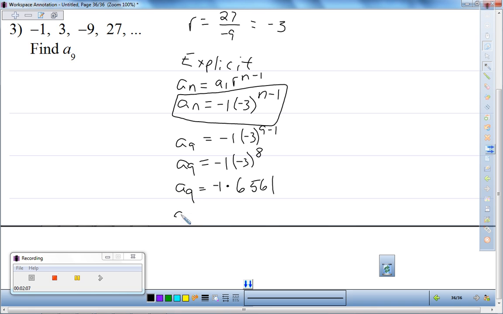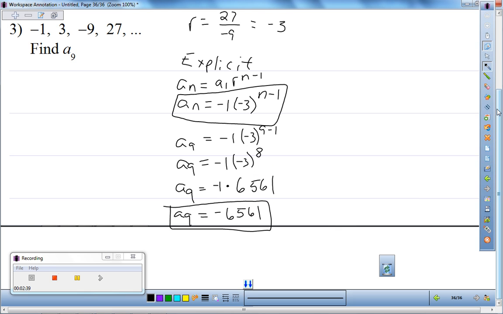So a sub 9 is going to be equal to negative 6,561. So that's our ninth term. Now if your calculator, again, sometimes it'll take 3 to the 8th power and then multiply by negative 1 when you do it this way. So just be careful, knowing that when you take any number to an even power, it's positive.